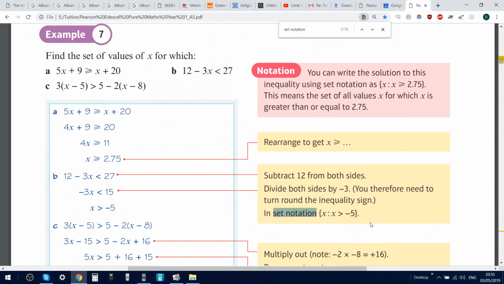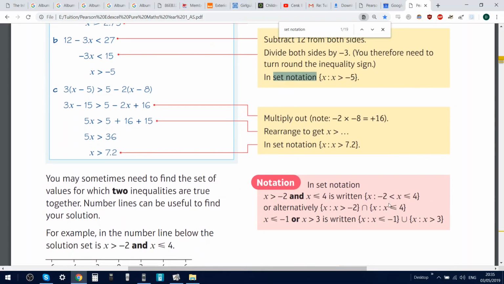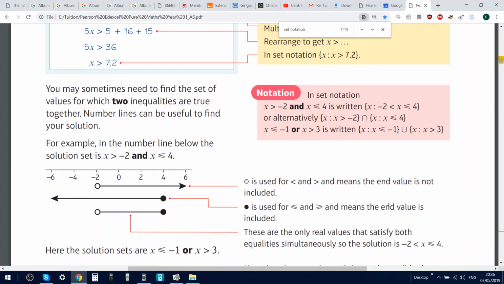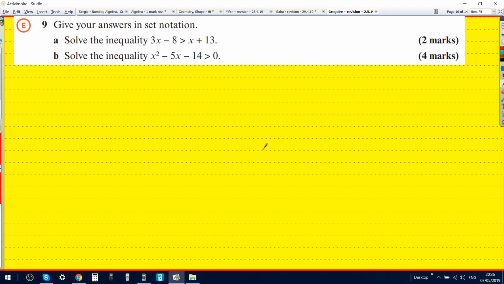So that's your set notation there: x such that x is greater than minus 5 in curly brackets. Oh, that's weird. Okay. Let's try it. So it's basically keeping it the same, just using the set notation instead of the equal sign. Okay.